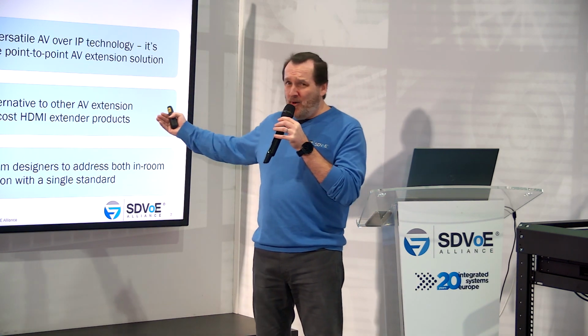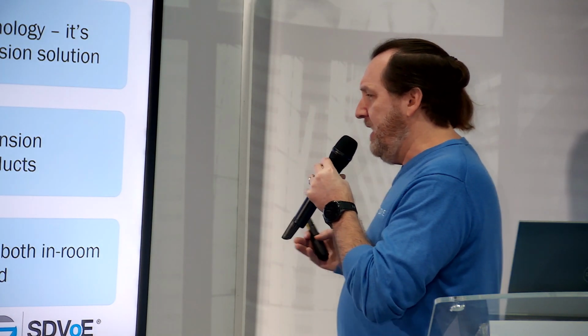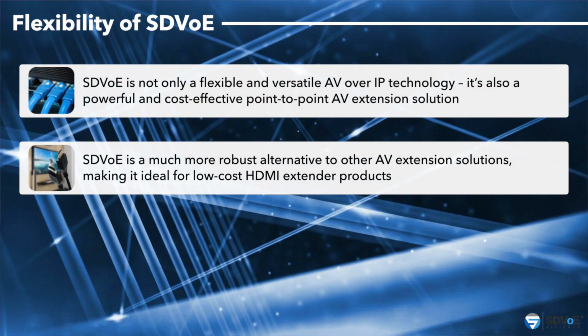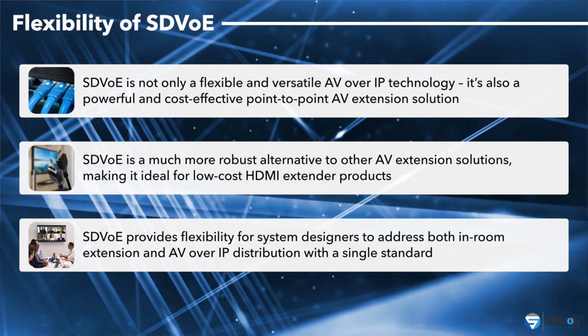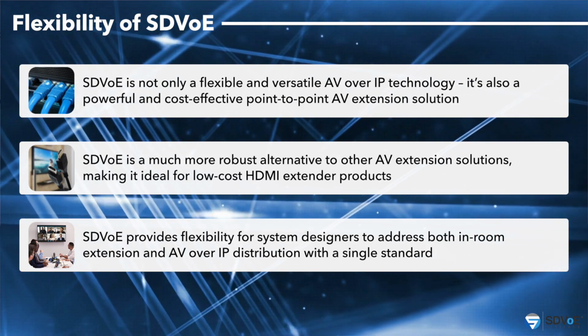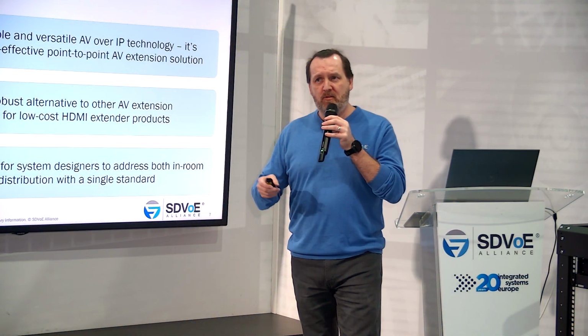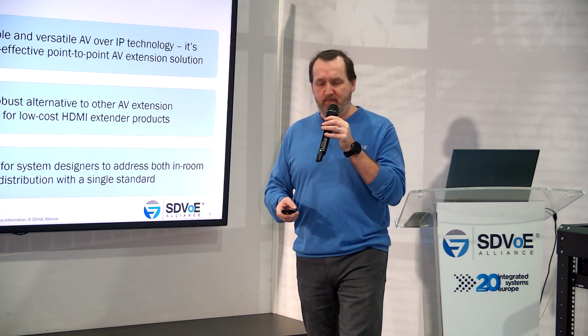And those extender products, let's not forget, they're SDVoE. They can be connected into a switch and now used for AV over IP. So SDVoE really does provide the flexibility for system designers to address both in-room AV extension and AV over IP distribution, all from a single standard, SDVoE.